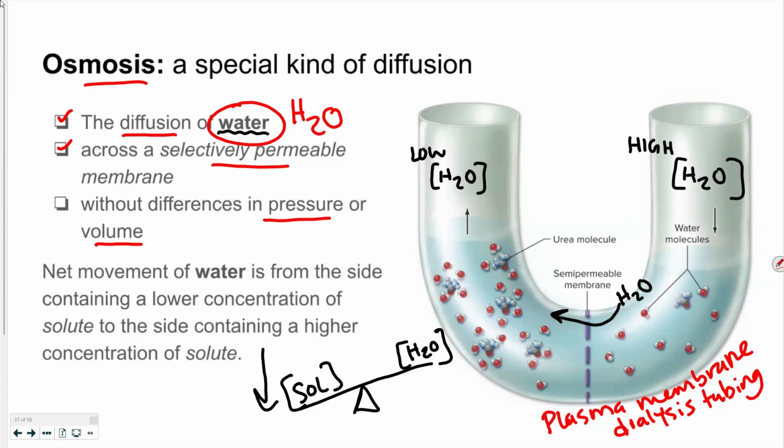Now we might have a solute, let's call it urea. If we have a low concentration of water molecules, that means that we are going to have a high concentration of our solute.